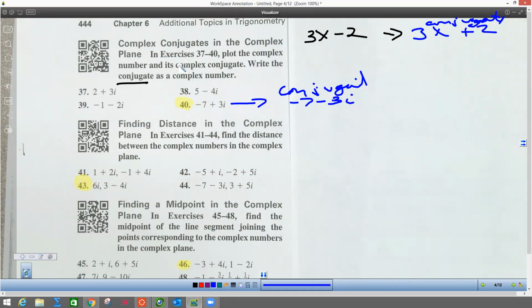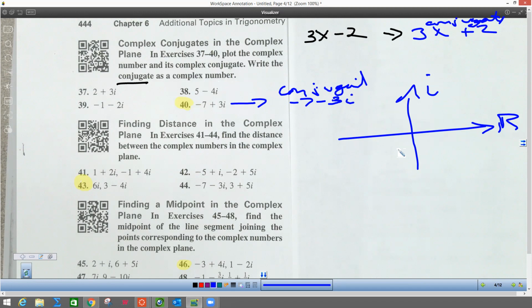Now it also says plot the complex number and its conjugate. So they want you to graph this as well. So if you graph this, remember that's I, that's R. I tell you what, let's not graph it, but I'm going to graph this one really quick, okay?